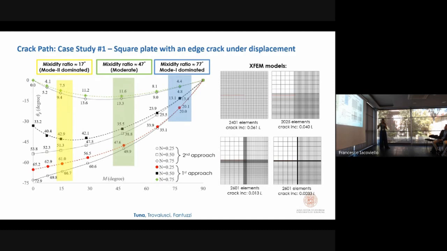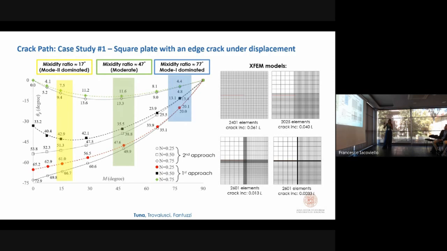Now, since we understand how to obtain propagation angles, it is time to see the variation of crack paths. For this, I considered 3 different mixity ratios that do not need any correction, or where the critical distance has lower effect.